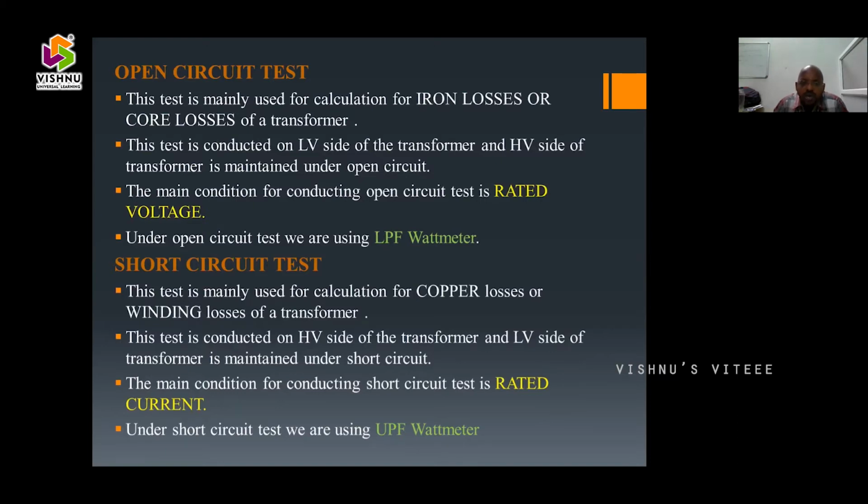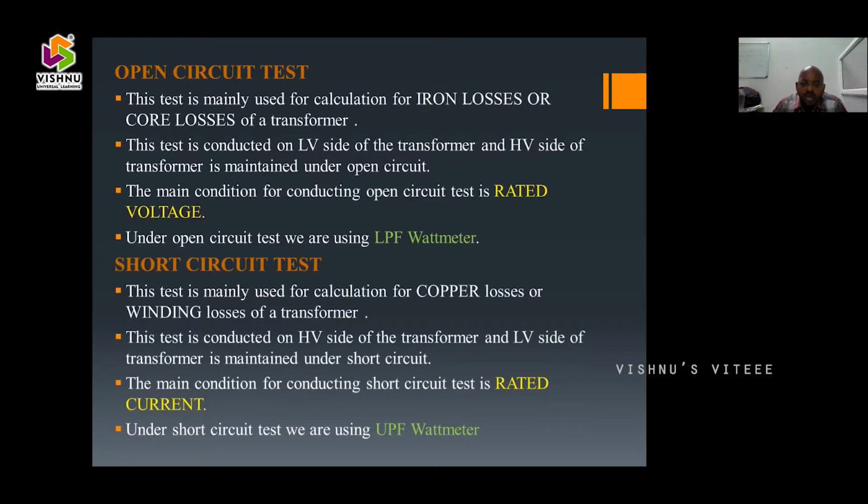That's why we conduct the OC test on this side. Generally, the iron losses or core losses are constant irrespective of the rating of the winding.